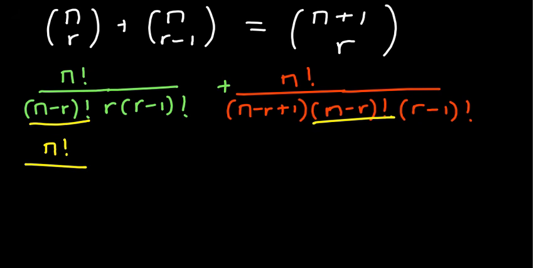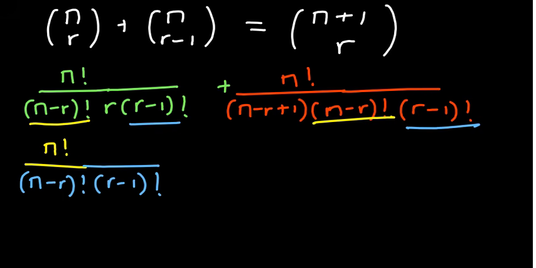And then I can see r minus 1 factorial is also common. So we'll start with n minus r factorial, and then we have r minus 1 factorial. Those are the two things that are common on the bottom. Then on top, of course, we've already factorized n factorial, so we have a 1 for the first part.